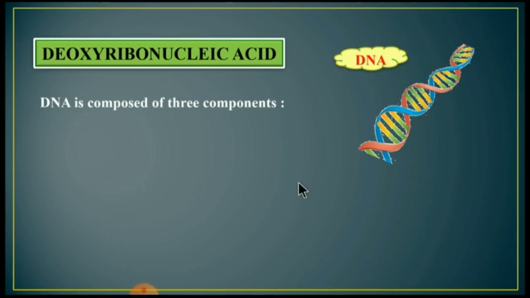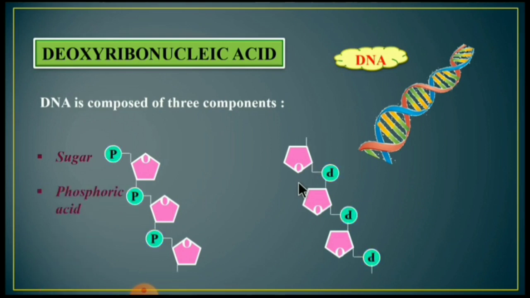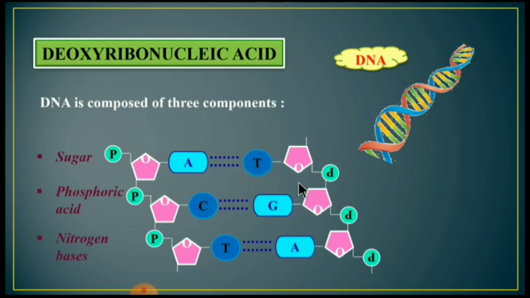The first one is pentose sugar, the second one is phosphoric acid, and the third one is nitrogen bases. I'll repeat once again. The first component is pentose sugar, the second one is phosphoric acid, and the third one is nitrogen bases. So come back to the first component of nucleotide, pentose sugar.